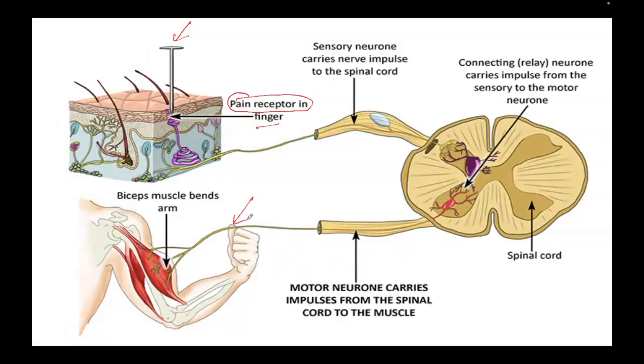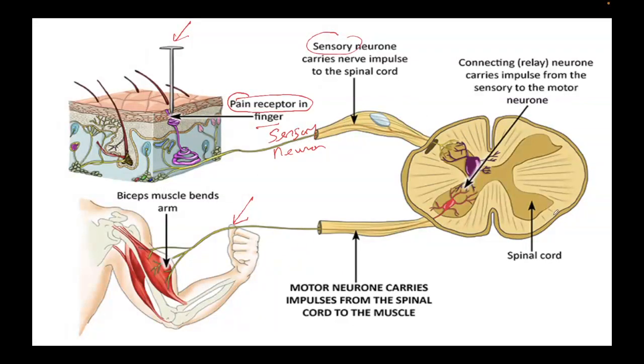Something poked your thumb, or you touch something hot, and you want to move your arm away quickly to withdraw from that painful stimulus. So sensory information is going through this sensory neuron.